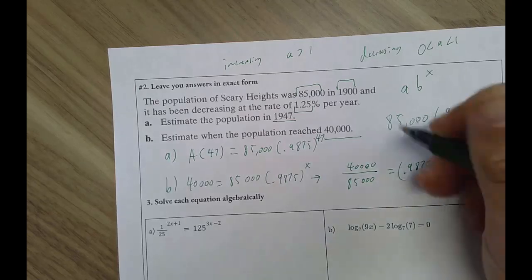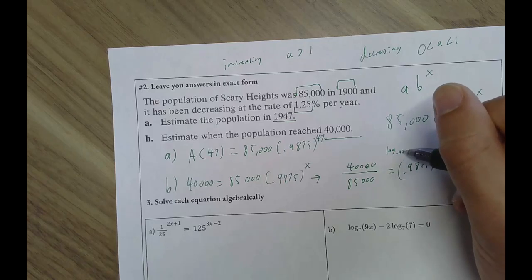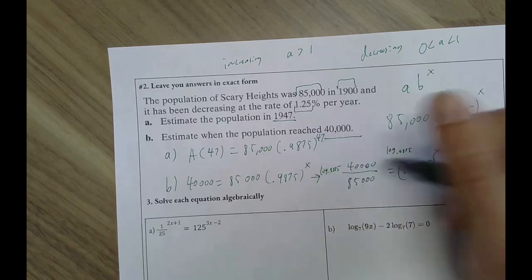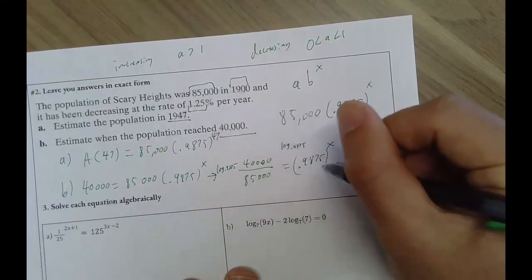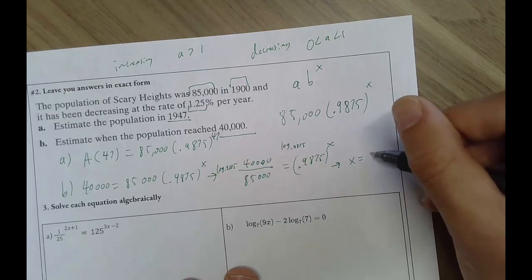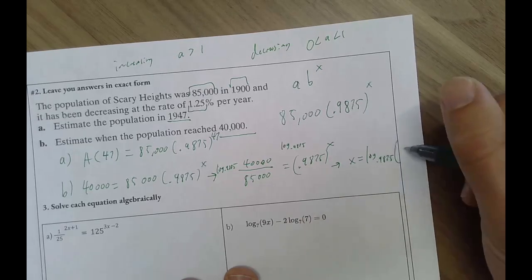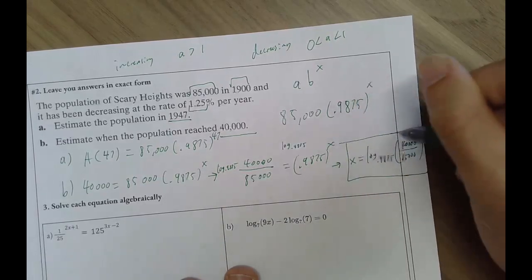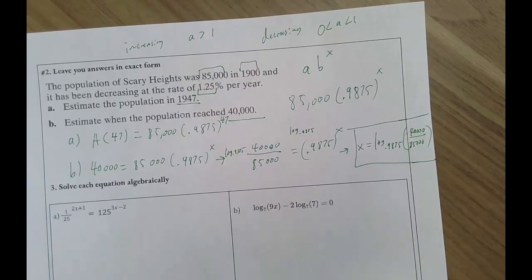Then to undo this, we take the log base 0.9875 of both sides. So x will equal log base 0.9875 of 40,000 divided by 85,000. If you had a calculator, you would just put that in, and that would give you the number of years.